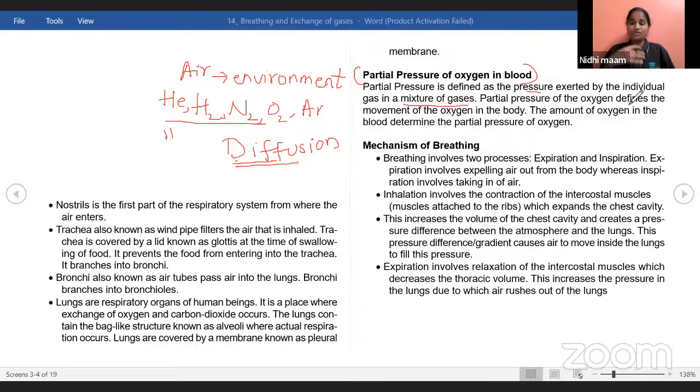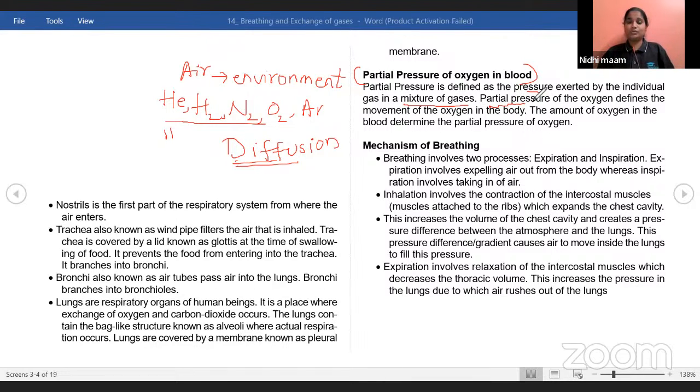So how much oxygen is moving in our body? Suppose you go to the hospital due to some sudden issue, like you feel weak suddenly and fall unconscious. They will check the percentage of oxygen in you, means the partial pressure of oxygen. They will put a clip-like thing on your finger and note it down.